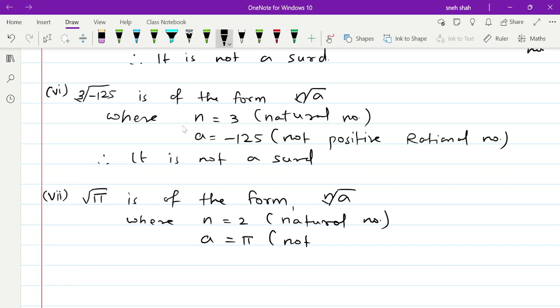The lower classes which had told us that pi is equal to 22 upon 7 was just an approximate value of pi. But right now, we will consider pi to be an exact number which is irrational. So, a is not a positive rational number. Again, second criteria is not being fulfilled, so it is not a surd.